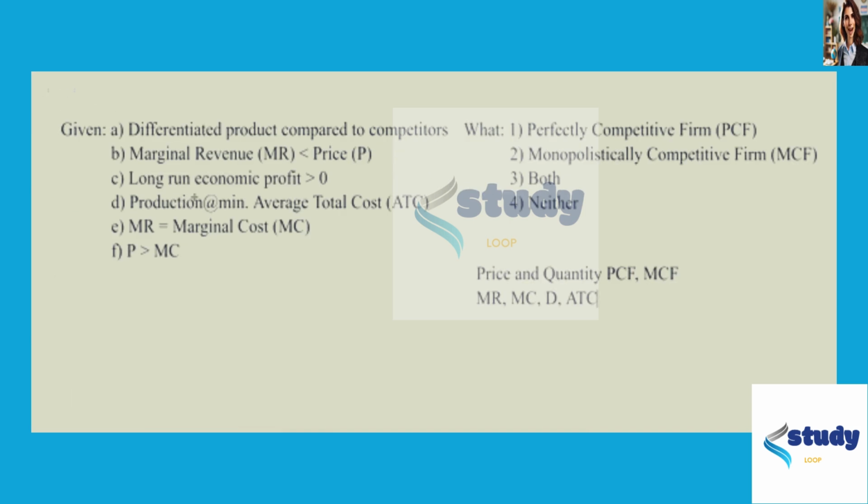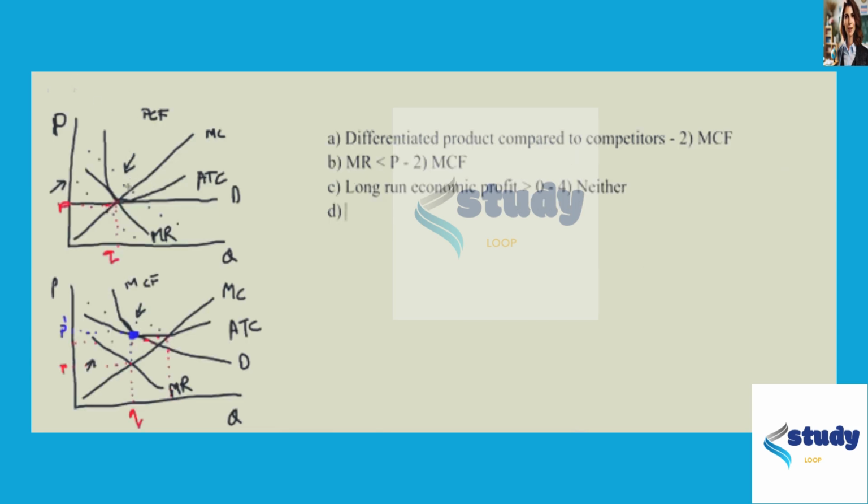Now, what does characteristic D say? It says that it is producing at a point where the average total cost is minimum. We can see quite clearly that for the PCF, it is at a point where the minimum cost is. So ATC means it's a PCF.